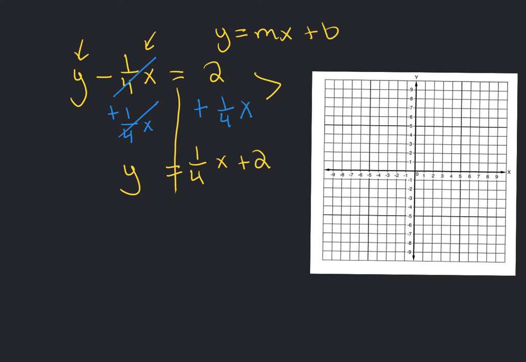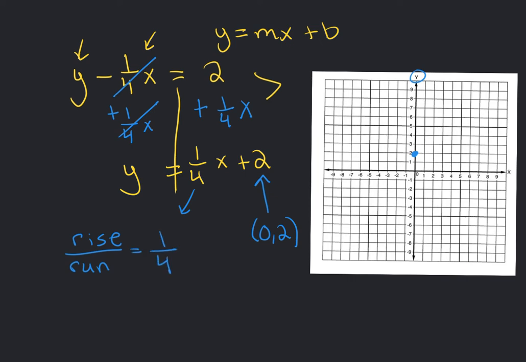Now we need to graph it. So here is my y-intercept at the point 0, 2. So it means our first point is 2 on the y-axis. And then here's our slope. So my rise over run is 1/4.